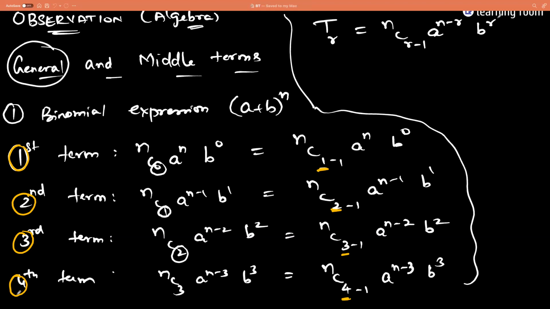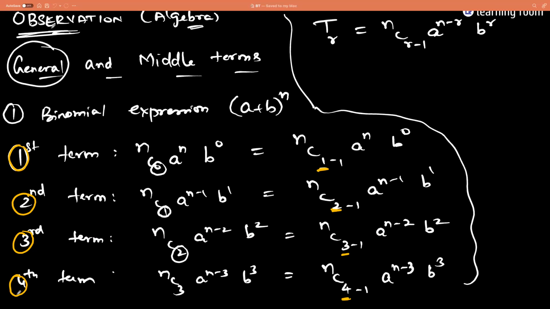Correct? What did I tell you? Algebra is about observation. You guys are not observing, you're just seeing, and you're accepting whatever I write. Correct? Tell me what is the mistake I made. Deliberate mistake. What is it?